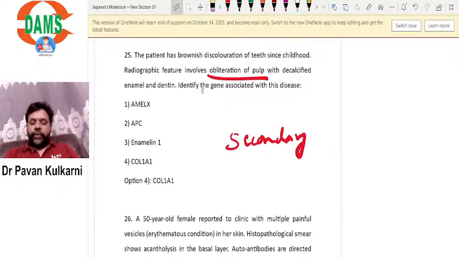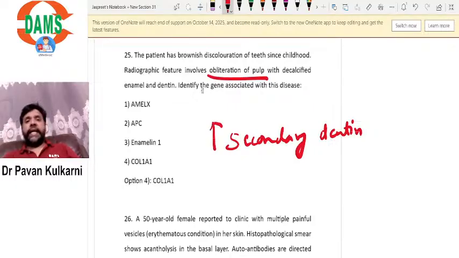Because of so much increased deposition of this abnormal secondary dentine, the pulp gets obliterated. You will not see pulp space at all. That is why when I take an IOPA radiograph, I cannot see any pulp space at all in case of dentinogenesis imperfecta. So this is a typical feature of dentinogenesis imperfecta.